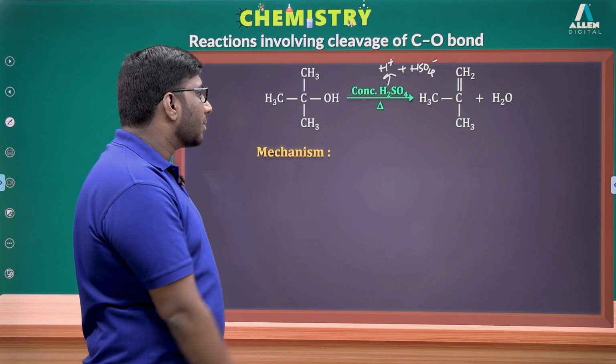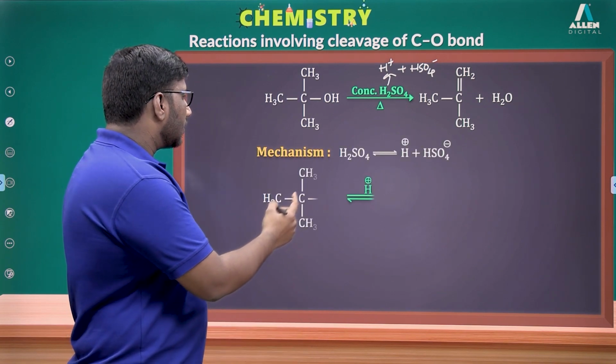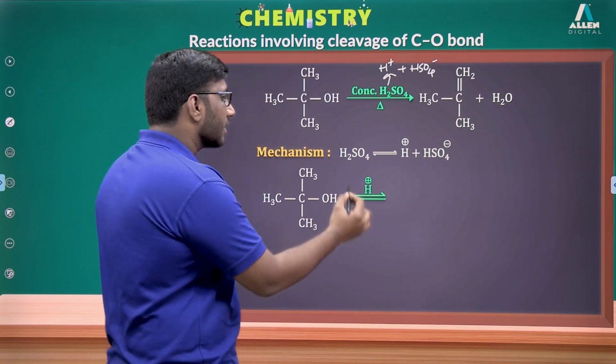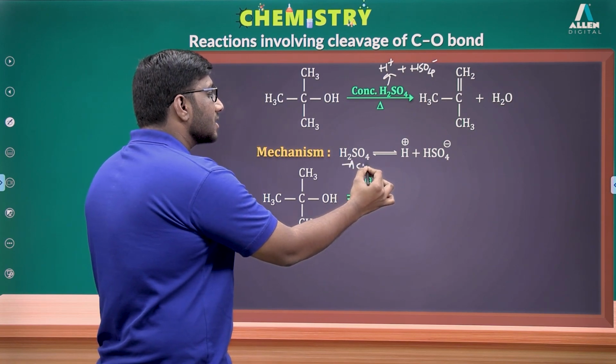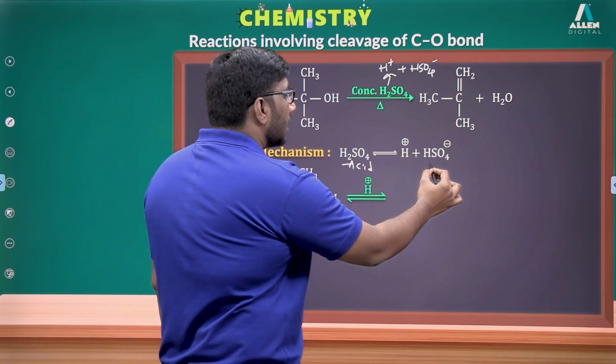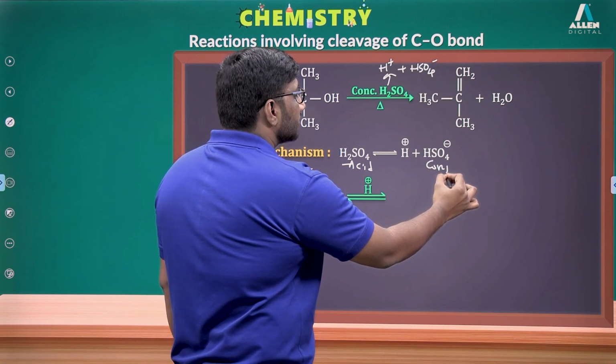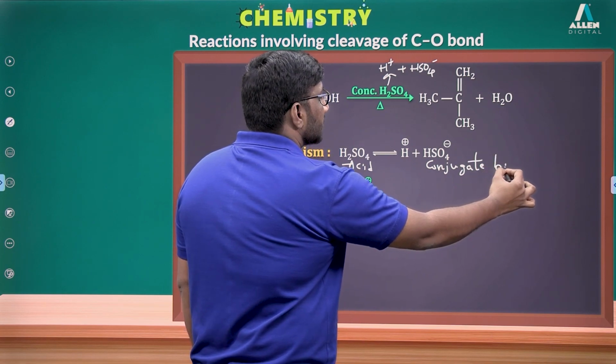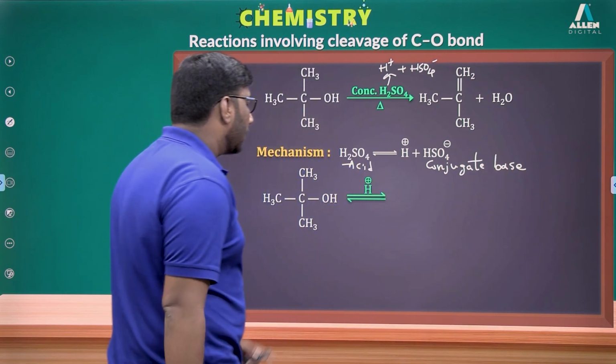Look at the mechanistic approach. H2SO4 dissociates to give H+ and HSO4-. H2SO4 is your acid. HSO4- is the conjugate base.